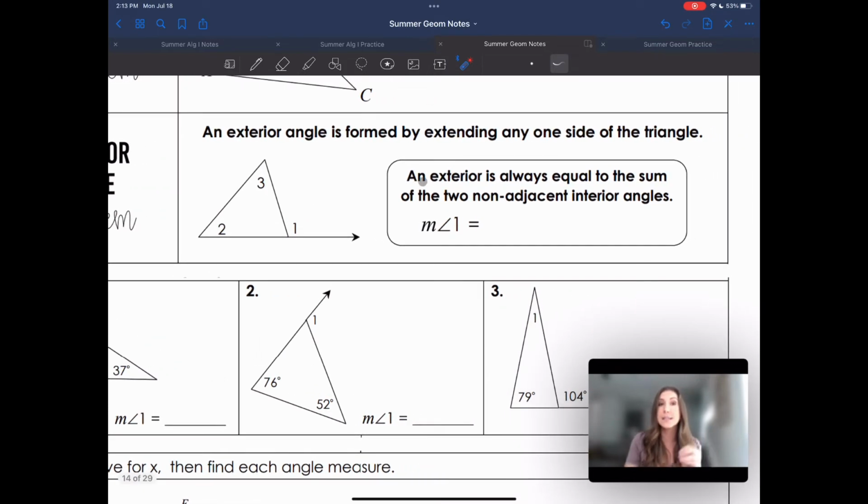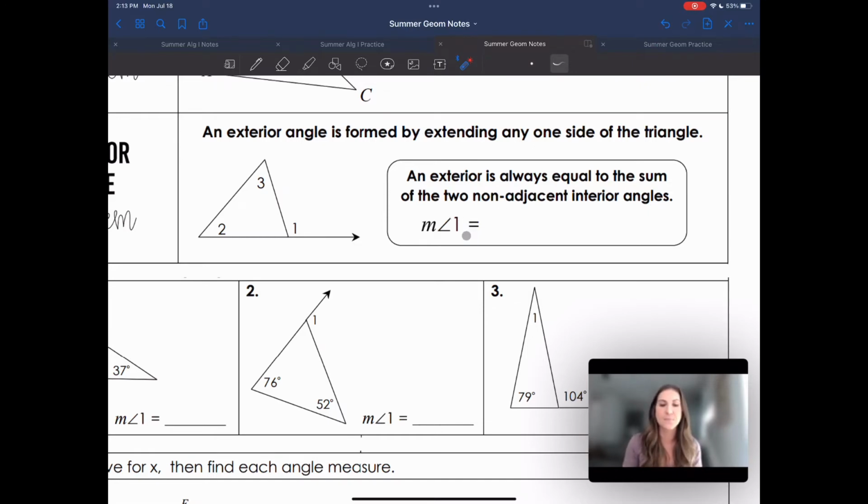Okay, now there is a theorem about the measure of that exterior angle. And this one may be a little less intuitive at first, and there is a proof behind it. But again, I'm not going to get into the proof, but I am going to show you what the theorem says. So it says an exterior angle is always equal to, and this is kind of wordy, the sum of the two non-adjacent interior angles. That is wordy, but it's very simple.